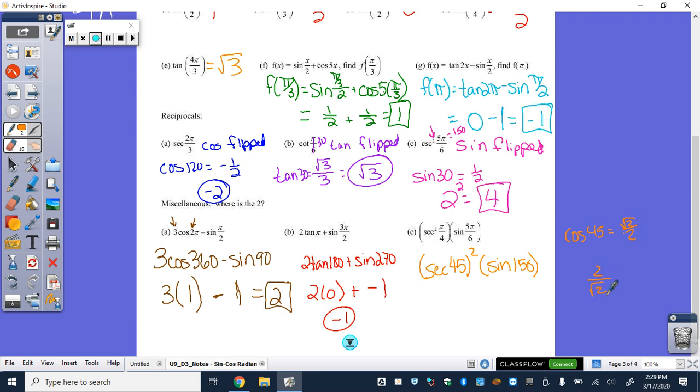So if I flip it, and then I have to rationalize it, my 2's knock out and I get just radical 2. So this is radical 2 squared times the sine of 150. Reference angle is 30. Positive in the second quadrant, so it would just be sine of 30, which is 1/2. Radical 2 squared is 2. 2 times 1/2 is 1.